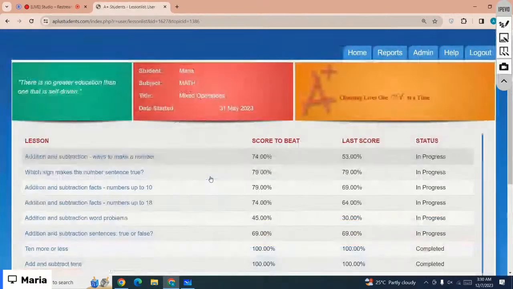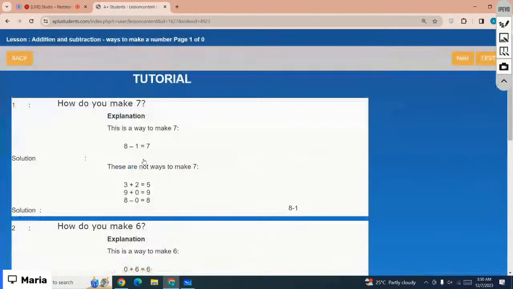The first one is addition and subtraction ways to make a number, right? The question is how do we make a 7, right? You are given the options, you need to see which option makes 7. Either you have to add them or subtract them.